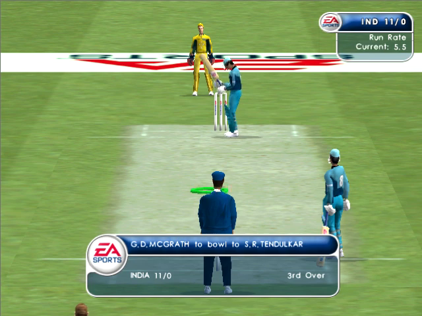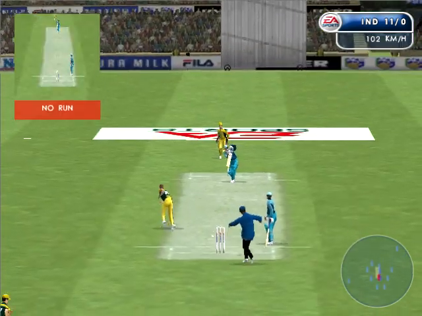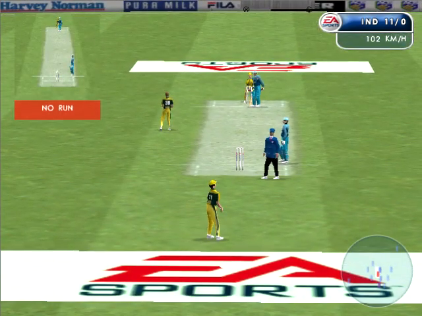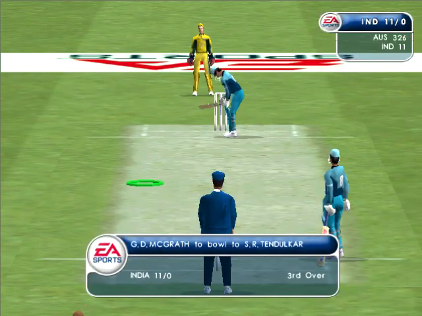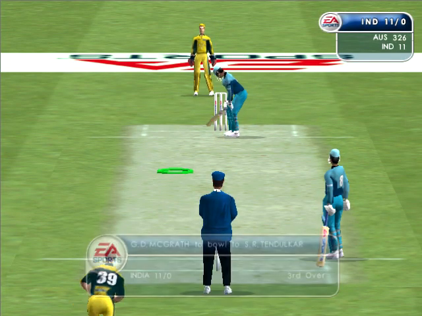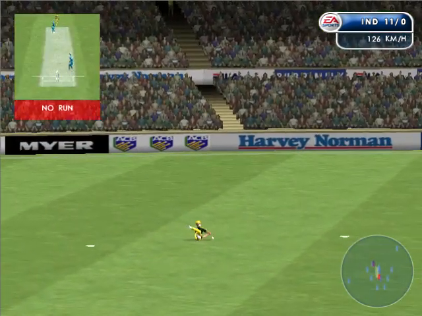McGrath at the start of his run-up. McGrath continues. It's straight to a fielder.